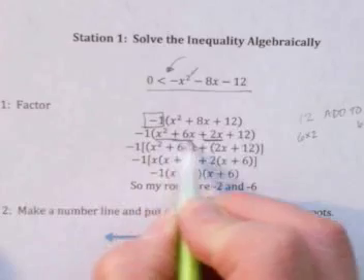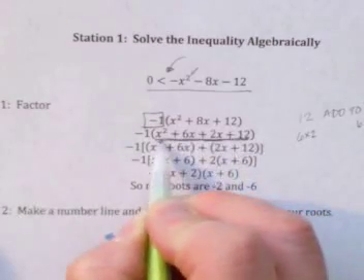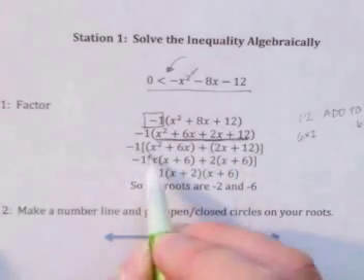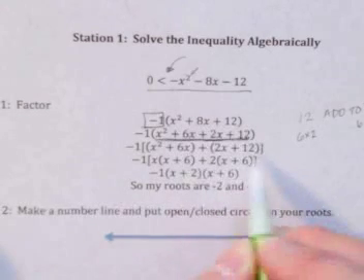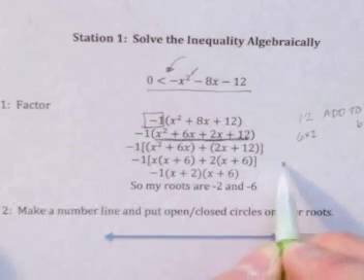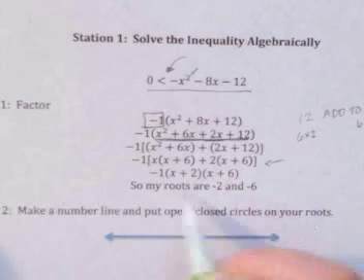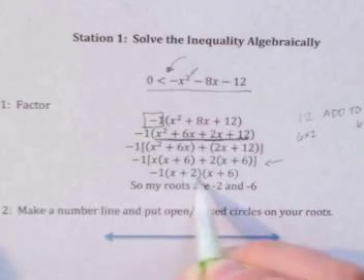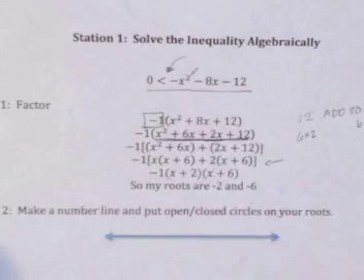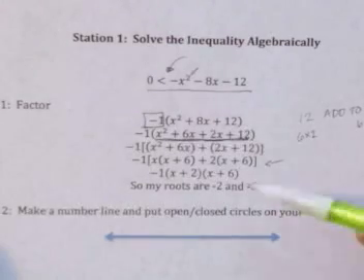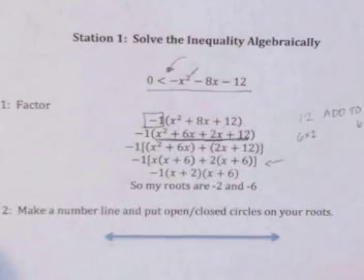So that's how I broke up my B term in this step. Then I put my parentheses around the first 2 terms and the last 2 terms and factored out a GCF. And then using the distributive property, I rewrote this as the product of x plus 2 and x plus 6. So now I know that my roots are -2 and -6.